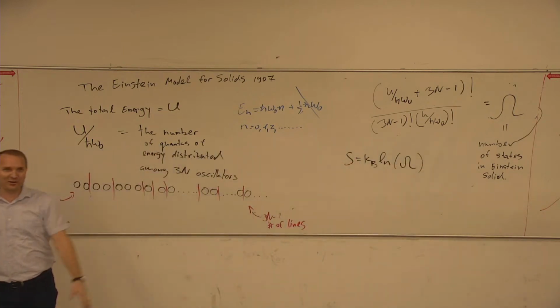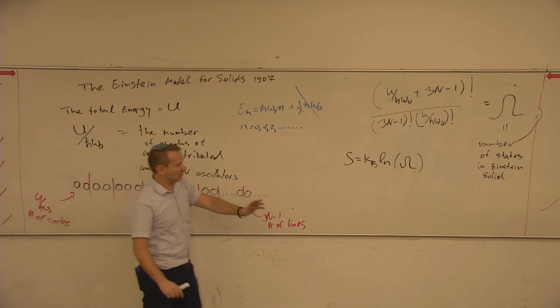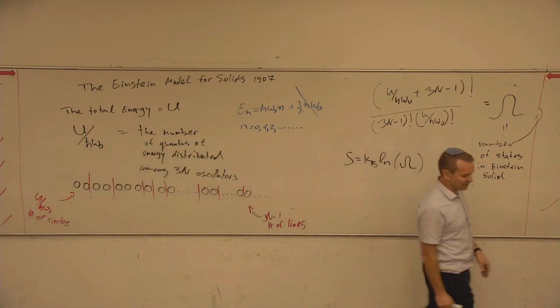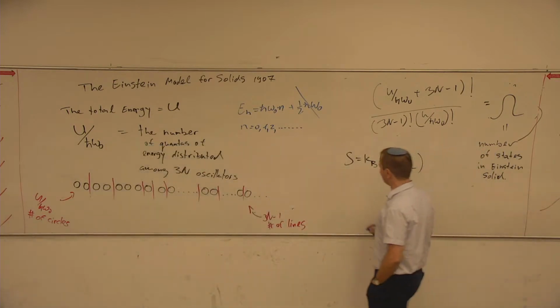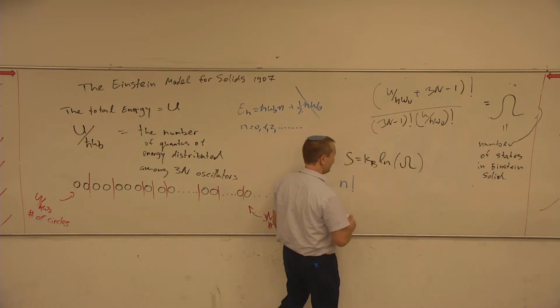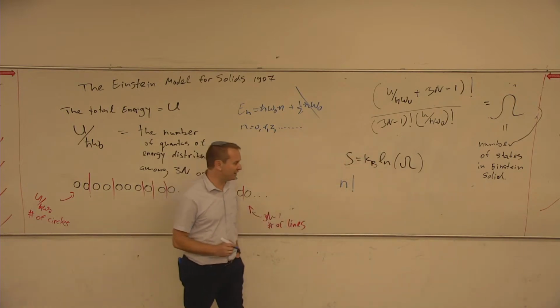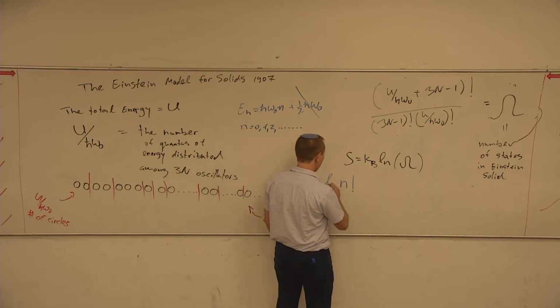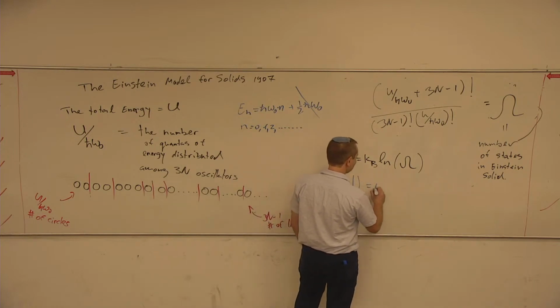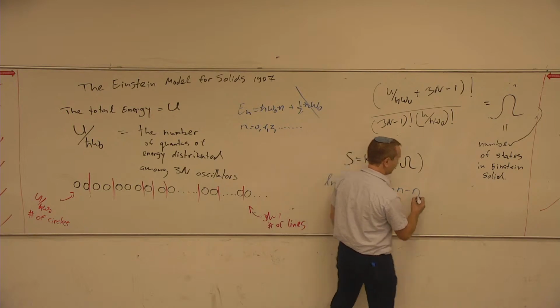We are going to use the Stirling approximation. What is the Stirling approximation? Log n factorial equals n log n minus n.